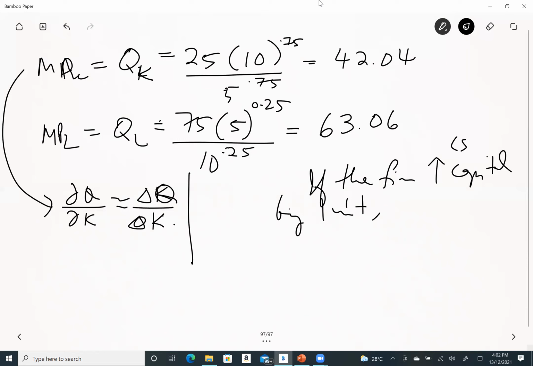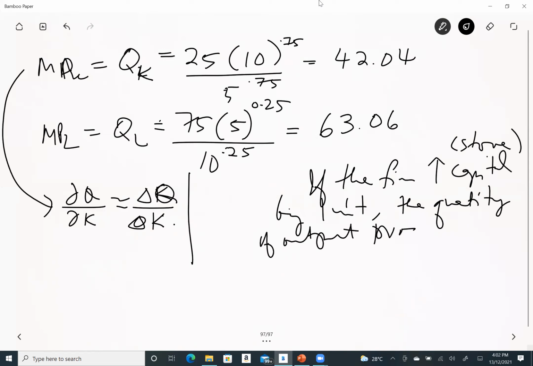Capital is the stove, so use one more stove, then the quantity of output produced will increase by 42.04 units.